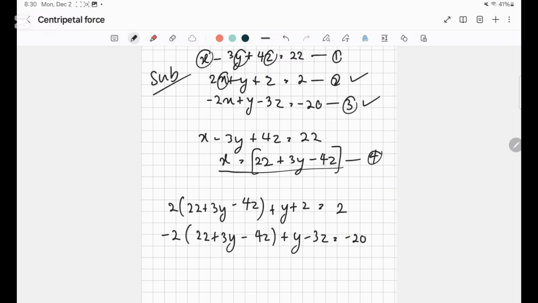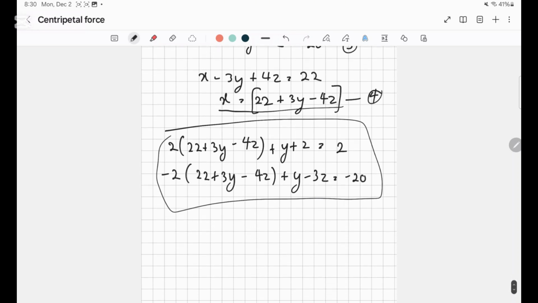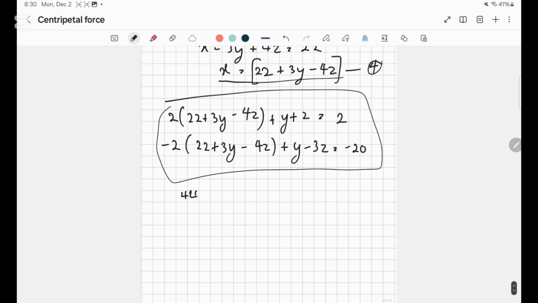Now we got two equations. All you have to worry about is these two equations. So let's just simplify it further. 44 plus 6y minus 8z plus y plus z equals 2.